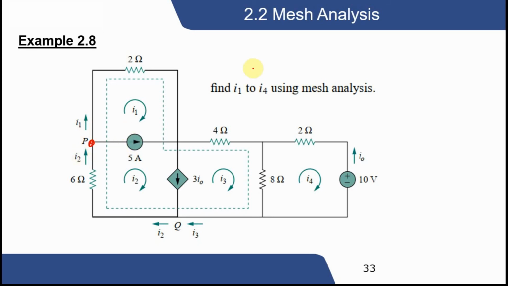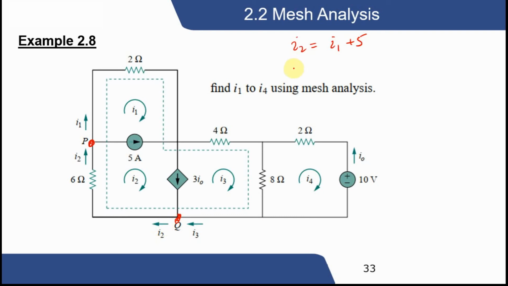So I2 equals I1 plus 5, one node. Another node we apply at node Q. This is entering, this is leaving, this is entering. So 3 I naught plus I3 equals I2.